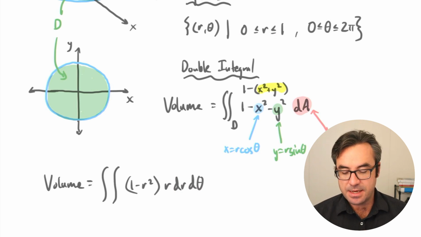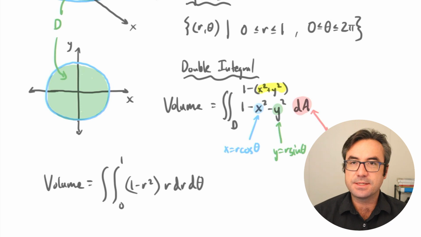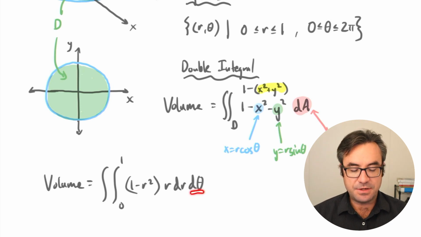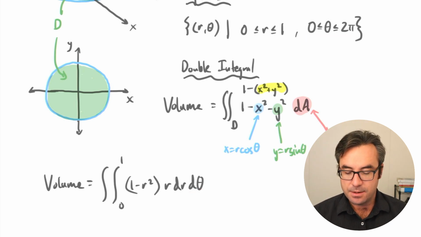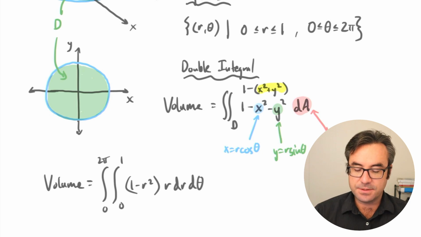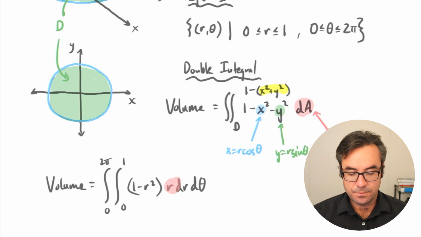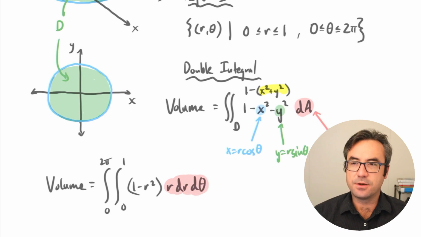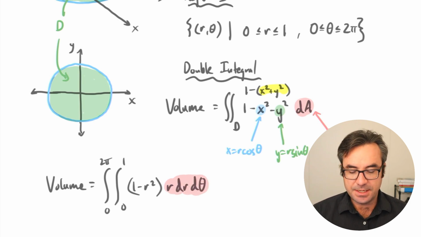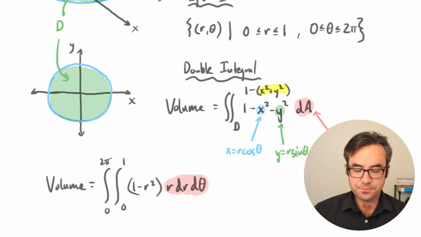So that means the limits for r have to go on the inside. And then I have d theta last, so we're going to put our limits for theta on the outside there. And again, don't forget, we have that little r term. So it's easy to kind of lose track of this one.